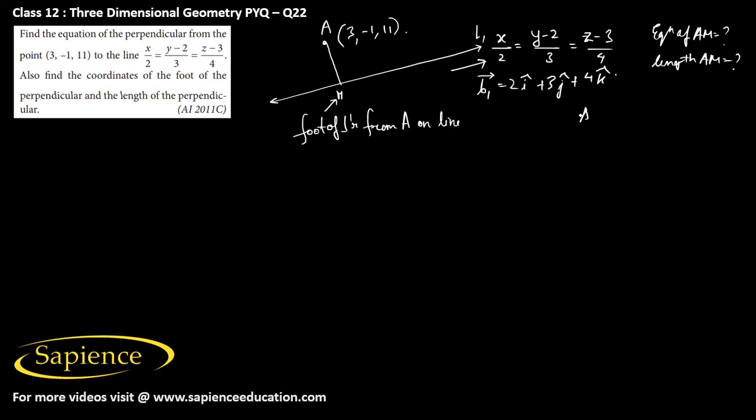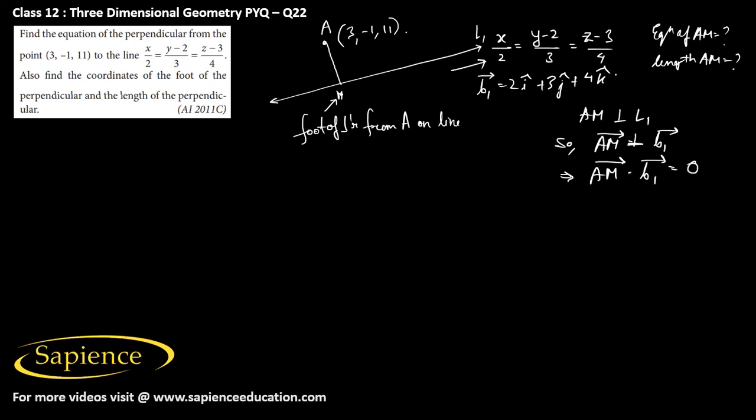Since AM is perpendicular to the line L1, the vector AM is also perpendicular to the vector B1. Therefore AM vector dot B1 vector should be equal to 0.